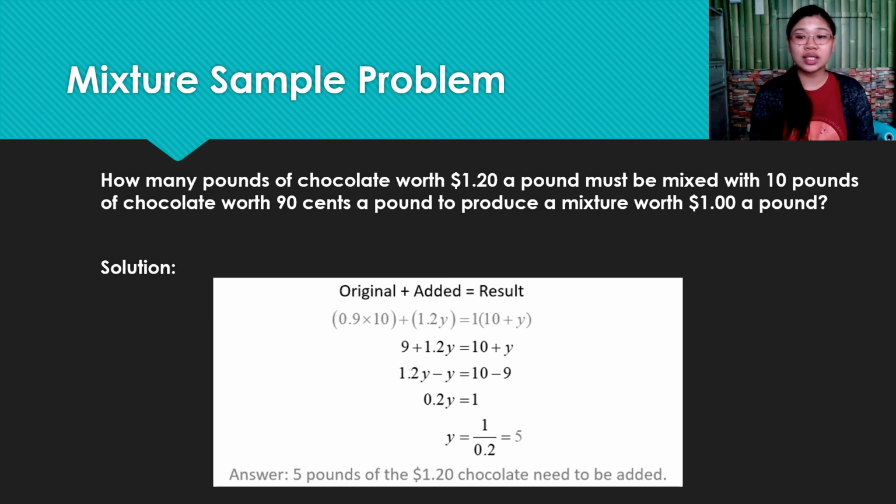So our answer again is 5 pounds of the $1.2 chocolate. That is the amount needed to be added to the 10 pounds of chocolate worth 90 cents to produce a mixture worth $1 a pound. So you have to be specific with your answers for mixture problems.